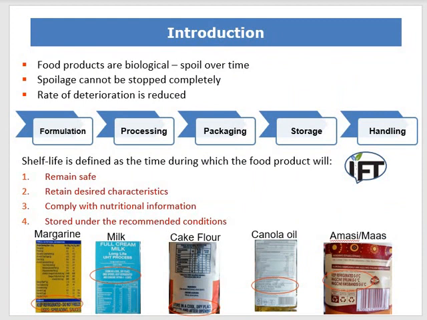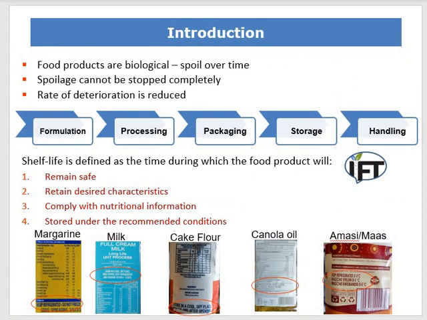Okay, so in terms of introduction, we already know that food products, whether they are raw or cooked, are a complex mixture of proteins, carbohydrates, lipids, and other micronutrients. Since these are biological raw materials or biological products in terms of makeup, they will definitely spoil over time.